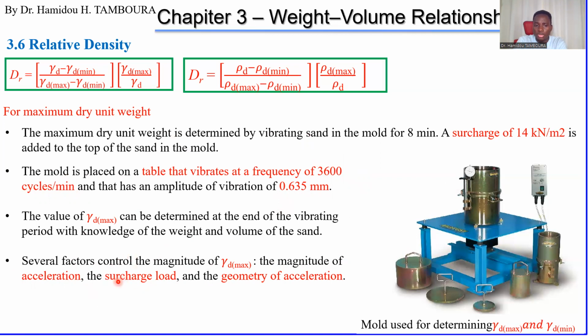And also the surcharge load. As you can see in this photo, we have many surcharges. If you put this surcharge, the dry unit weight you will get will not be the same as when you put this surcharge. And this big one also, it will not be the same. Another factor is the geometry of the acceleration.